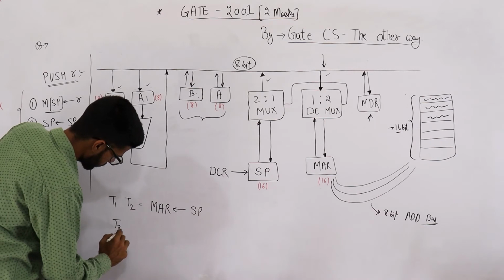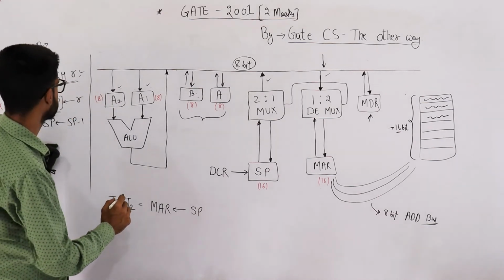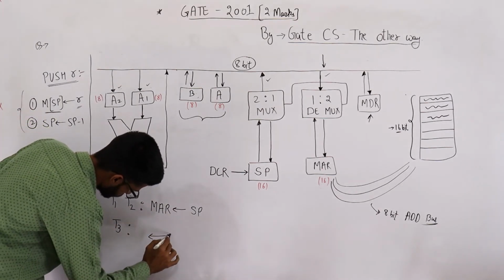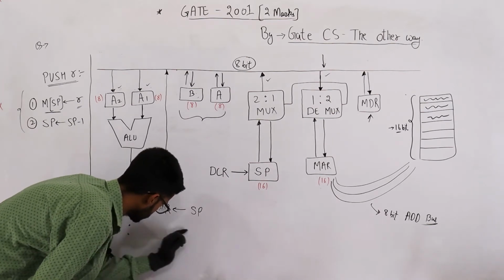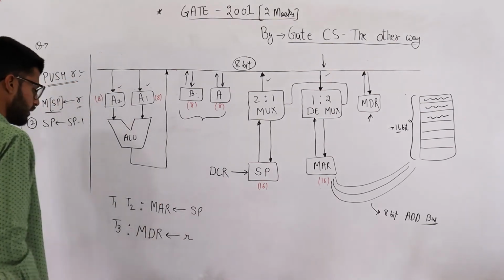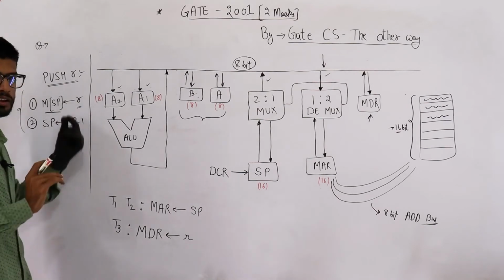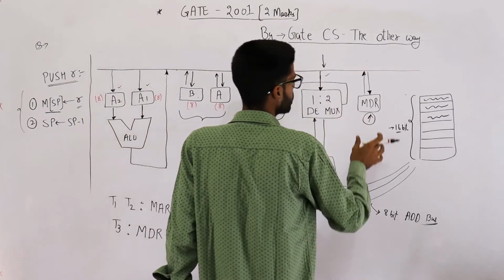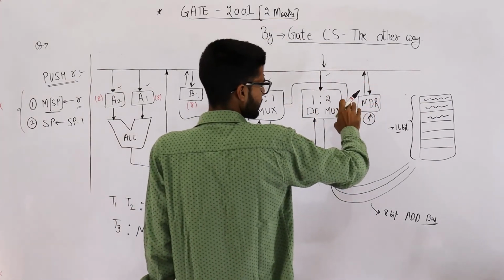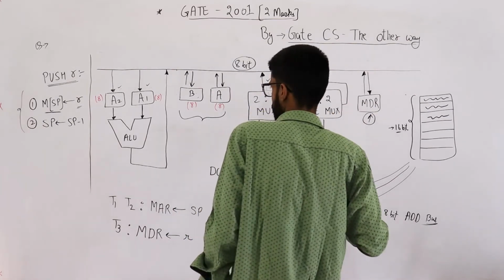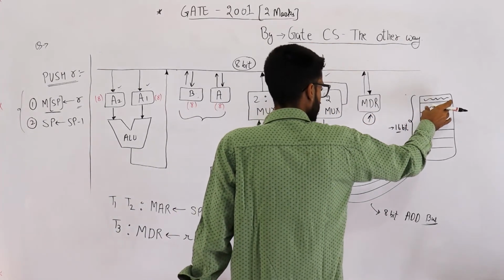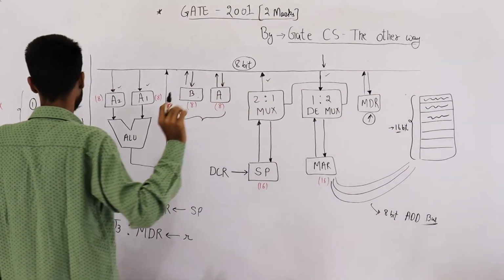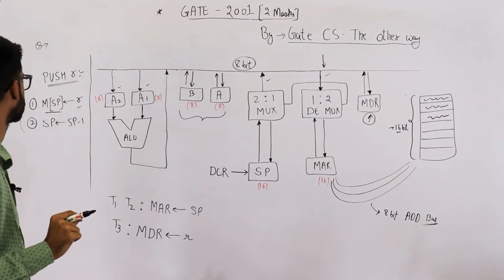In T3, we are saving this R, because it needs to be transferred to the memory, into the memory data register, because this is the only register which is connected to the memory to transfer data. Whether that transfer be from memory to this register or this register to the memory, that's the only location which is connected to the memory for the purpose of transferring data.